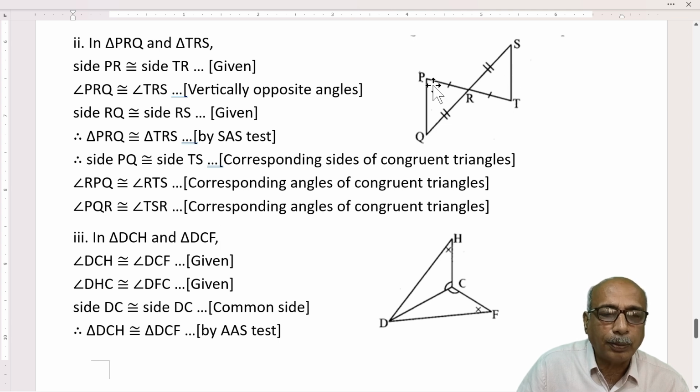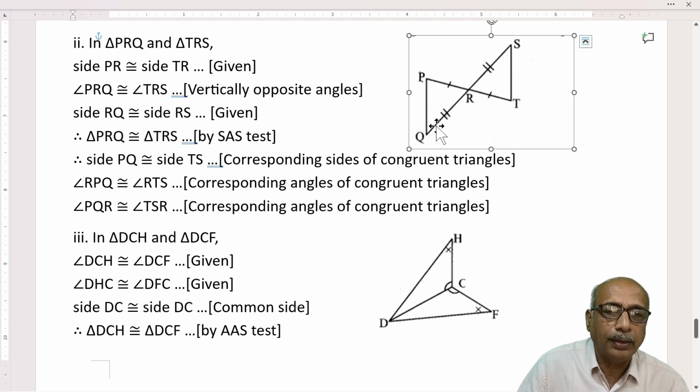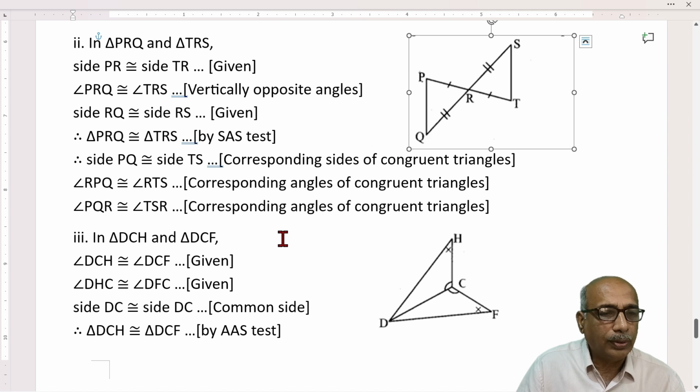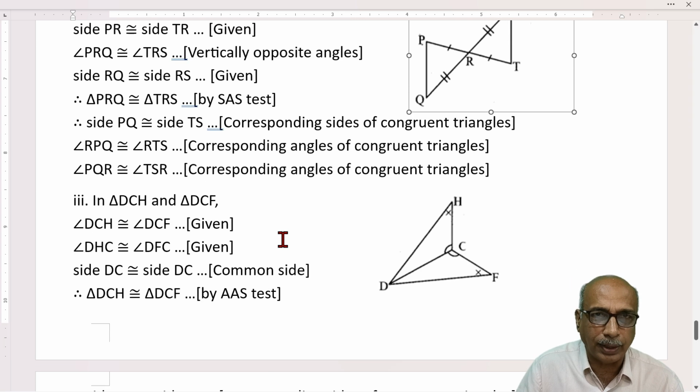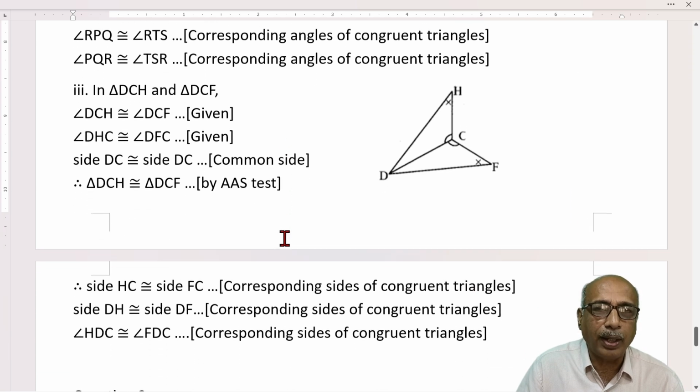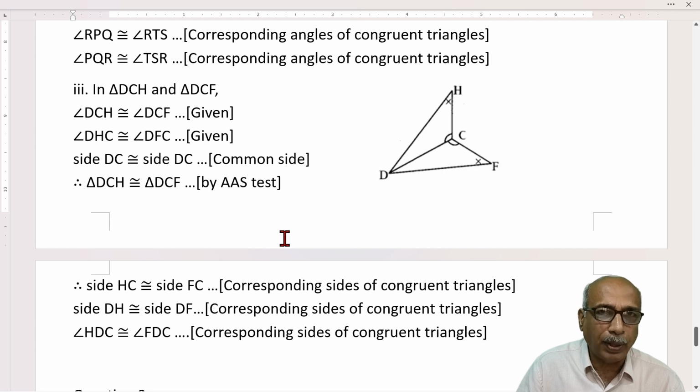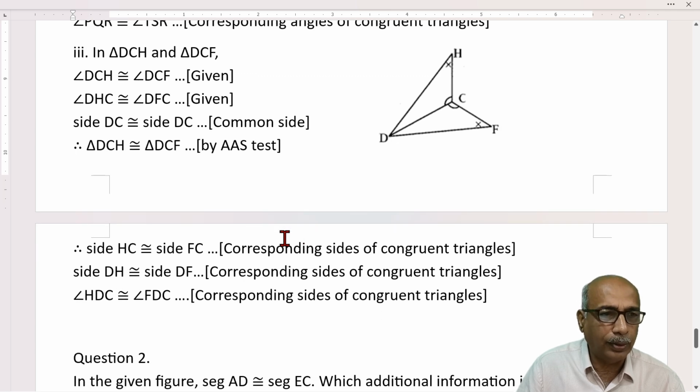These are the corresponding angles congruent, as well as angle PQR corresponds to angle TSR. That is this angle and this angle. They are congruent. So remaining angles and sides are congruent. Altogether, three pairs of sides are there and three pairs of angles are there. For congruency, we require any three pairs. So remaining three pairs will be congruent.